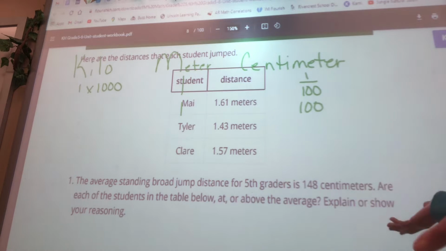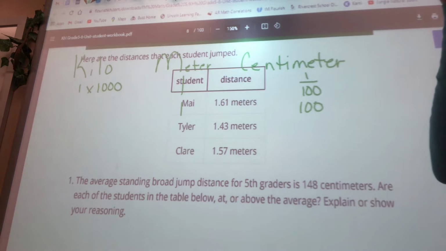And then it gives us a problem. It says the average standing broad jump distance for 5th graders is 148 centimeters. Are each of the students in the table below at or above the average? Explain or show your reasoning.